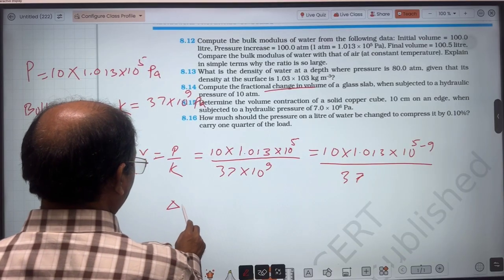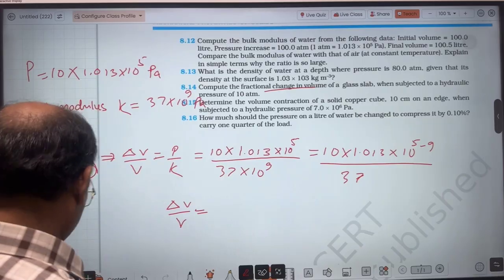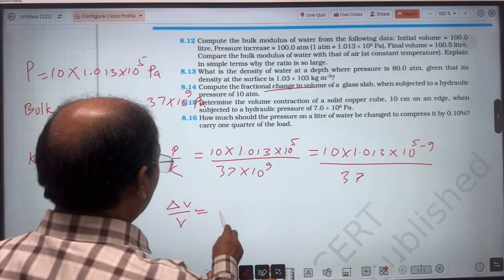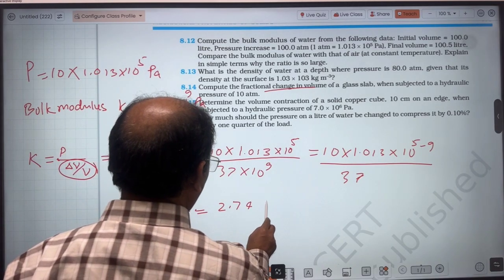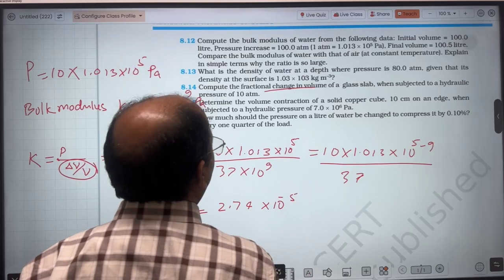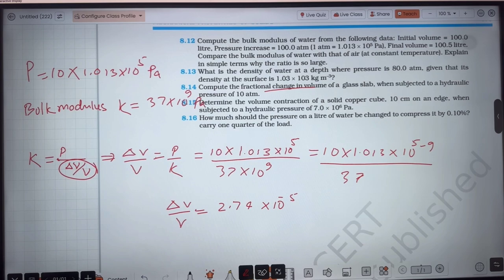If we simplify and just do the division, you will get delta V upon V as 2.74 into 10 to the power minus 5. So that is the answer. I think this is clear. A little complicated calculation is involved, but you can do it.